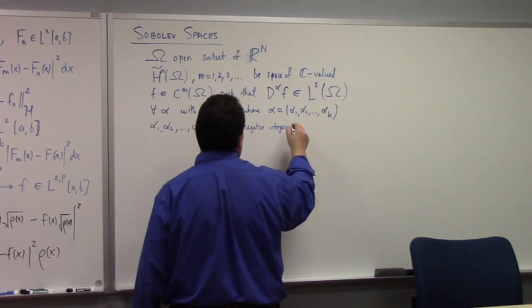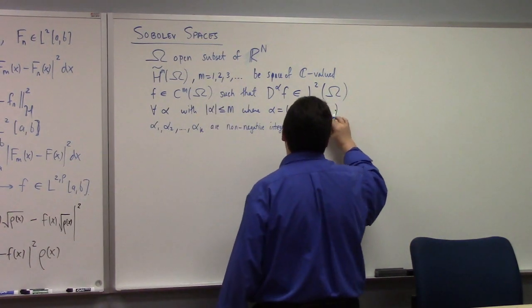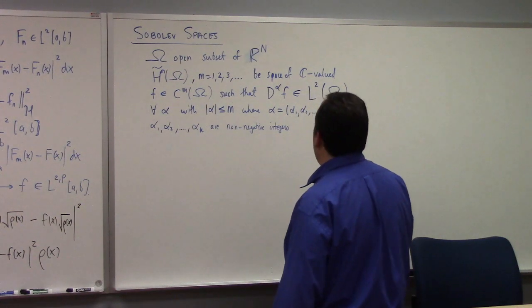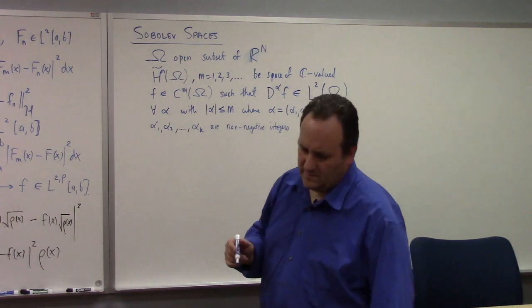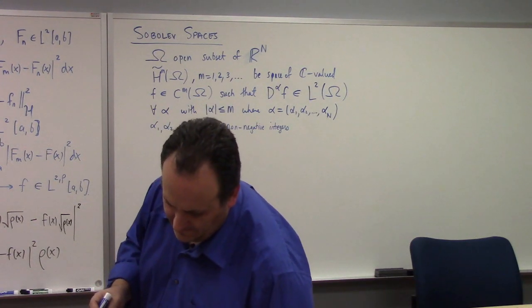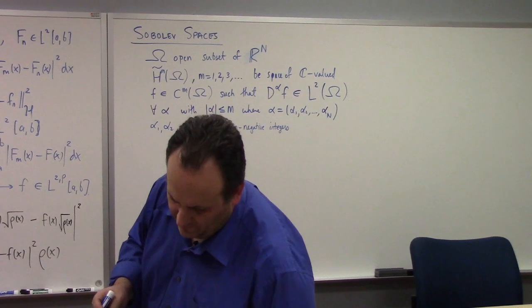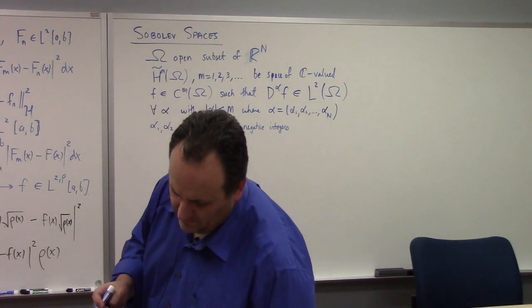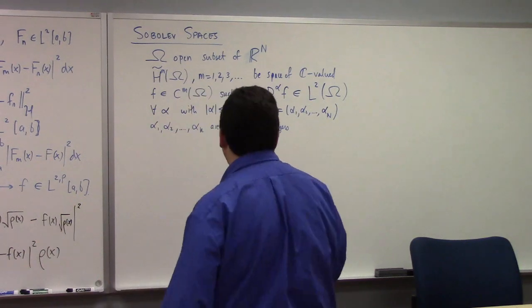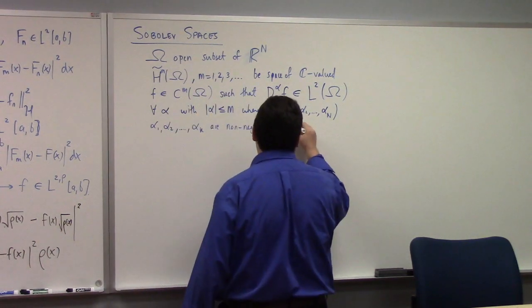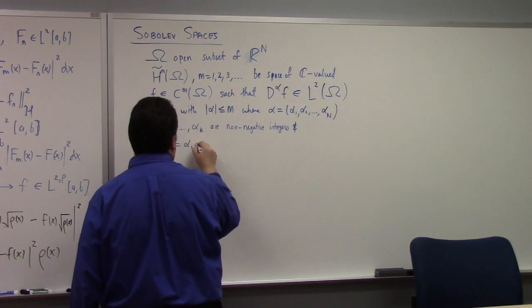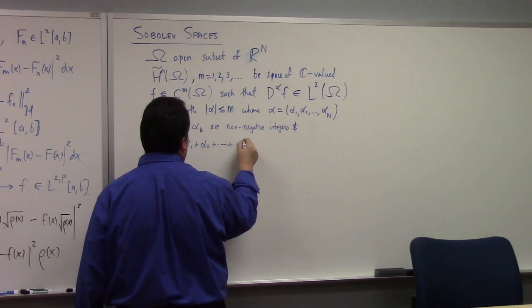Never mind, I see it now. I'll put the n back there. Okay, fine. Non-negative integers, and the order of alpha is equal to alpha 1 plus alpha 2 plus and so on, plus alpha n.